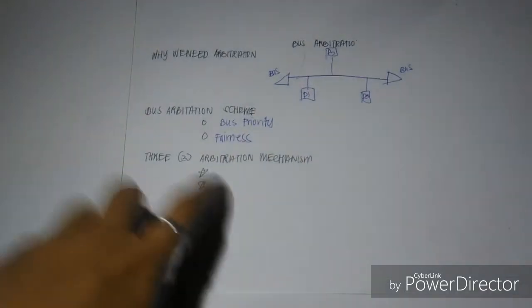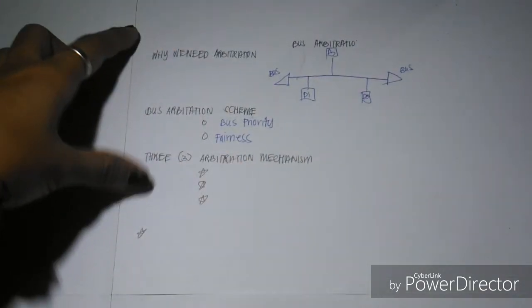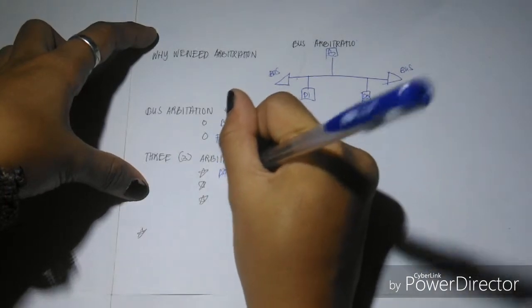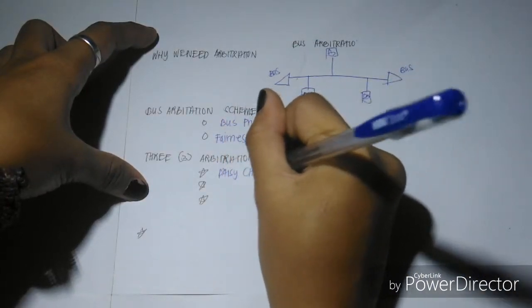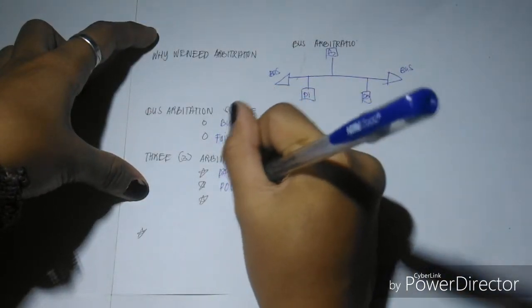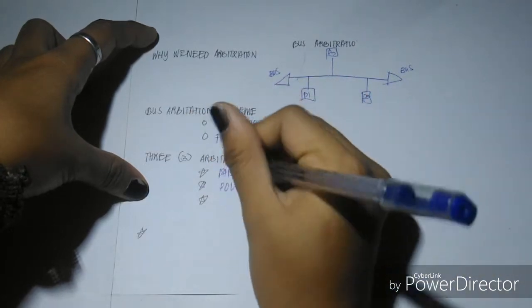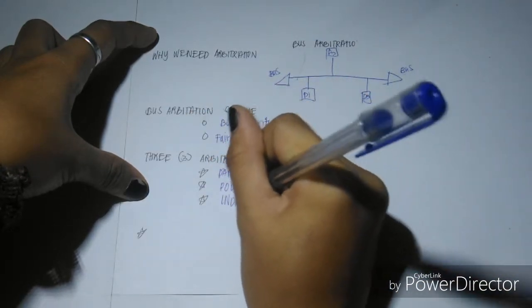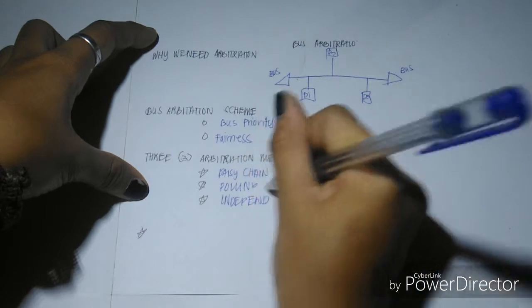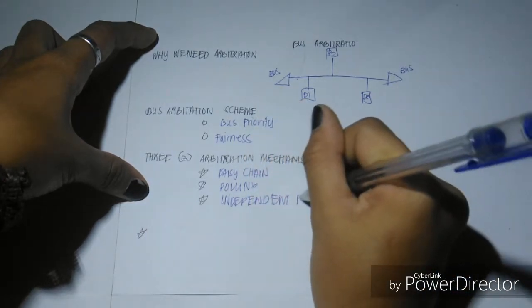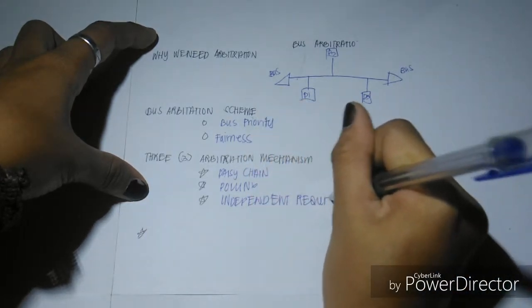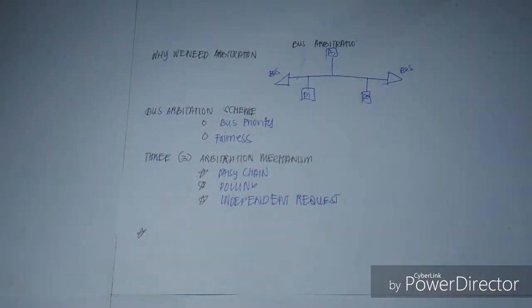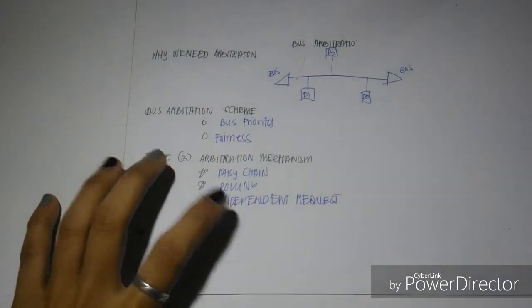So, we have 3 arbitration mechanisms: daisy chain, polling, and independent request. So yung tatlong yan, nag-use sila ng special control lines.